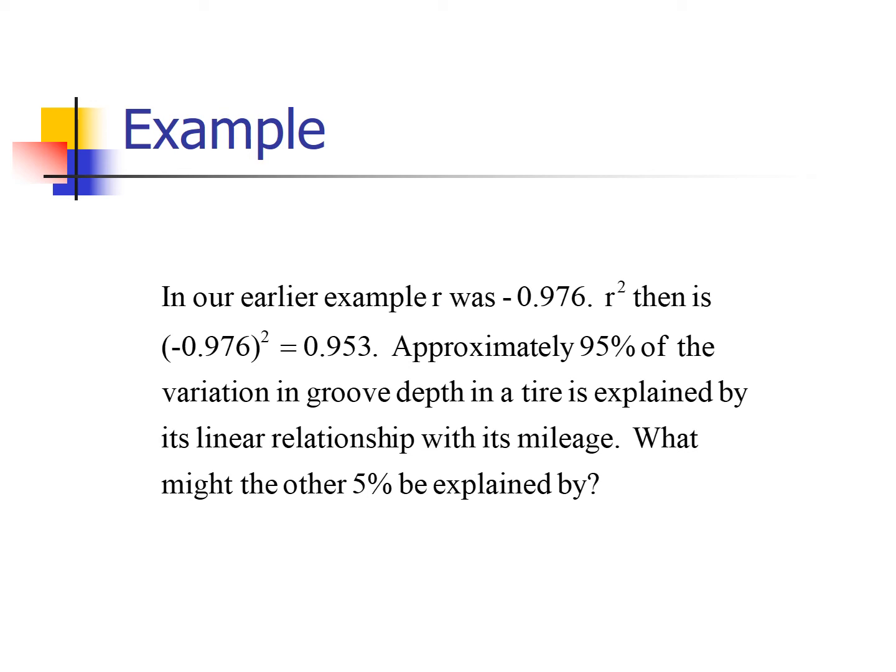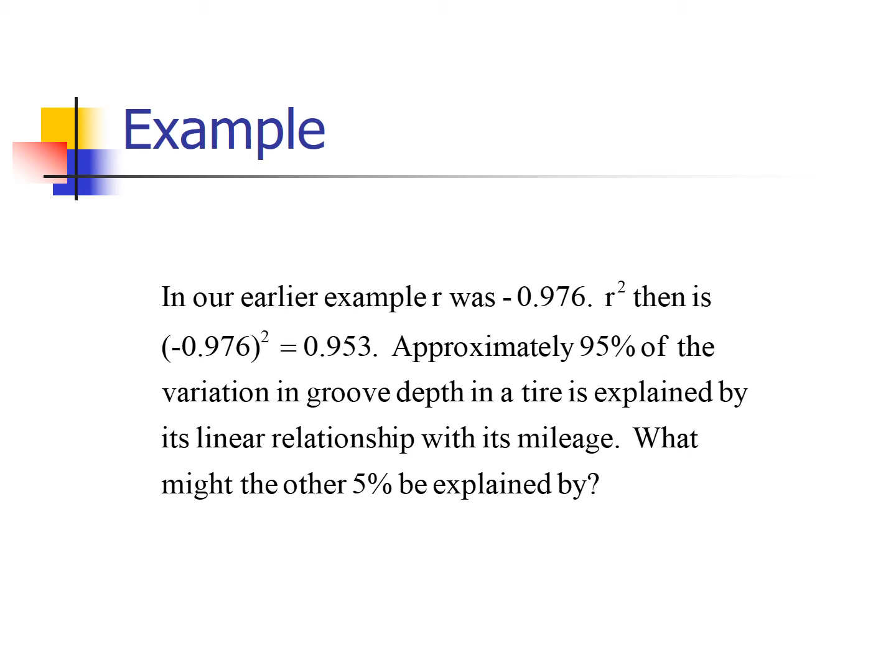That's what we mean by the variability in y, or the variability in groove depth. Not every tire has the exact same groove depth. There's differences. Now, a natural question becomes, why is that the case? Why is it that these tires have different groove depths?